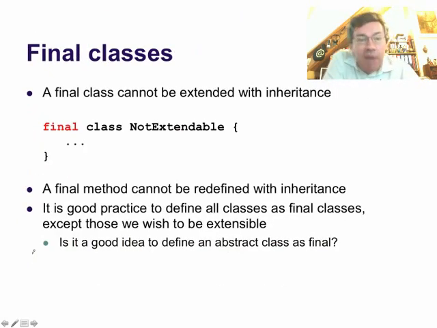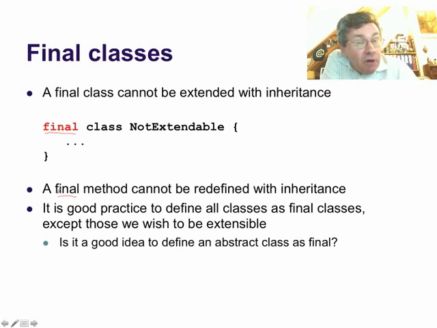And as a final point, I would like to talk about final classes. So a final class is a class that cannot be extended with inheritance. So it's not extensible. A final method in a class is a method that cannot be redefined with inheritance. So one can be more fine-grained than just closing the whole class.